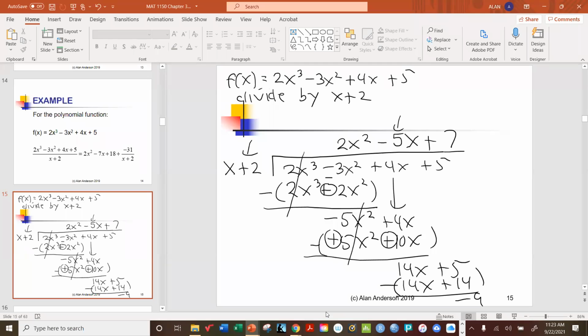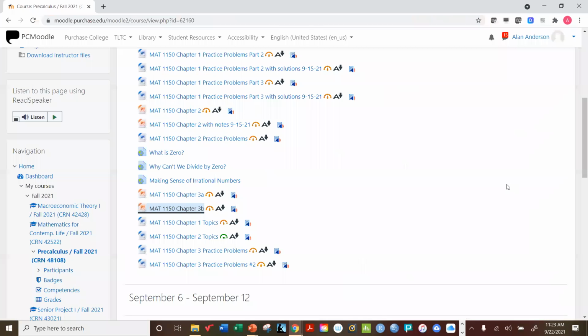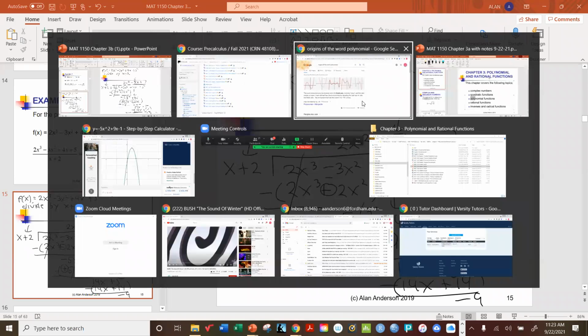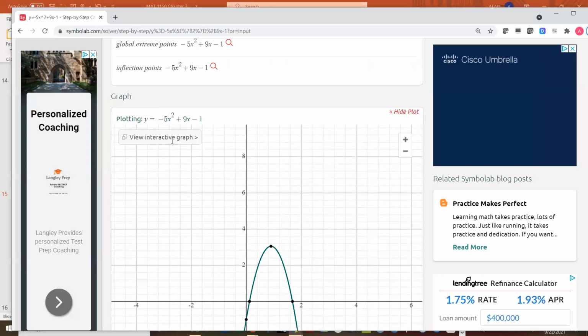Okay, now I hope I did that right, because I'm looking at my answers here and I'm not seeing the same answer. Uh-oh, I hope I didn't goof it up. I'll tell you what, let's check with Symbolab. Now, the problem with Symbolab is even if it can do this, it might give us a very messy polynomial that looks like this.